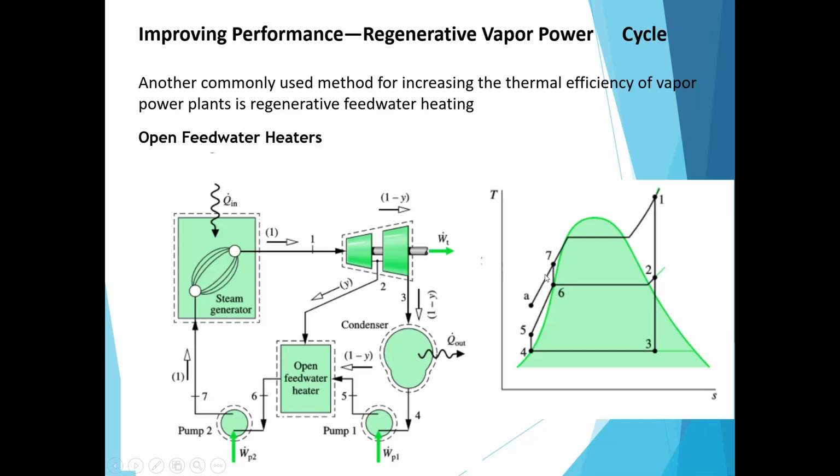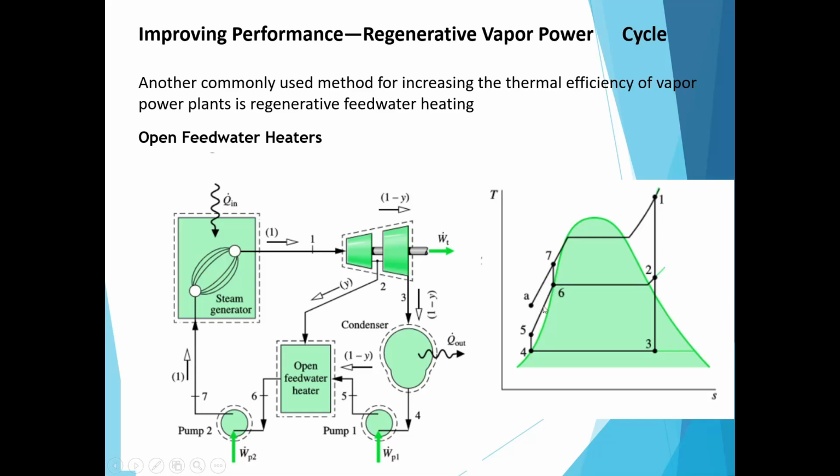Now what happens here is that the energy drawn from point 2 is rejected, meaning it gives up its heat so that it goes from 2 to 6, from superheated, then saturated, to 100% liquid. So 100% gas here, then 100% liquid. While it goes from 2 to 6, it gives heat such that 5 to 6 heats up.